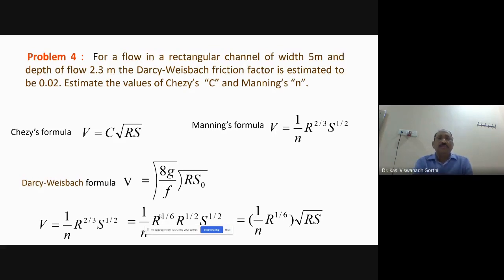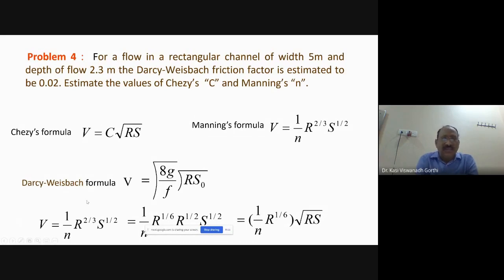We know Chezy's formula, we know Manning's formula, we know the Darcy-Weisbach formula. So we try to compare or equate these so that we will be able to arrive at the required coefficients. Chezy's formula: V is equal to C into square root of R S, where C is the Chezy's coefficient, R is the hydraulic radius, and S is the longitudinal slope. Similarly, Manning's formula: V is equal to 1 by N, R to the power 2/3, S power half.